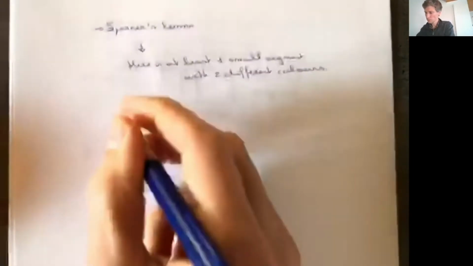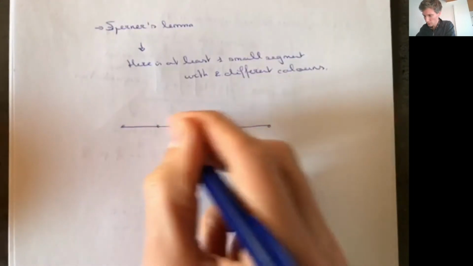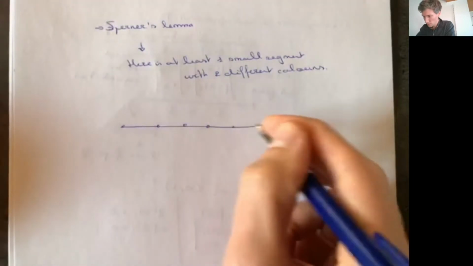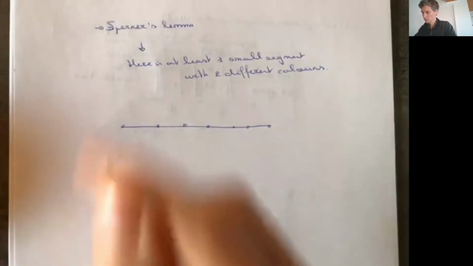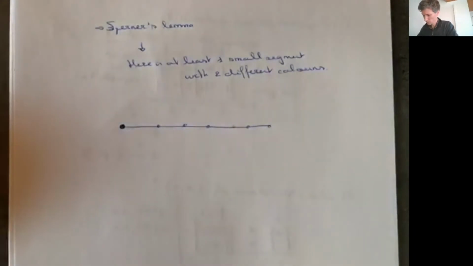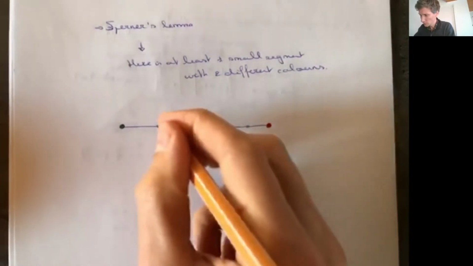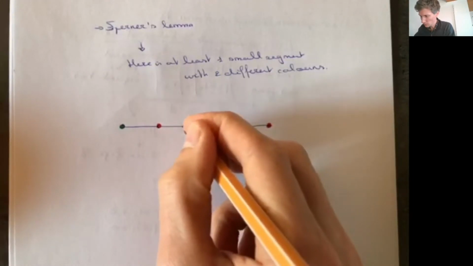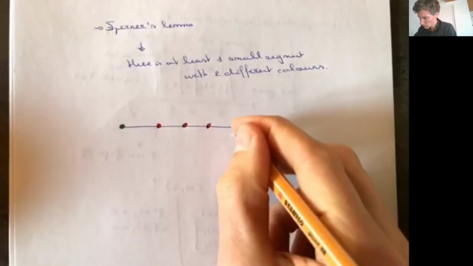So for example, I had that this was green and this was red. For example, here I have reds and here I have two greens.